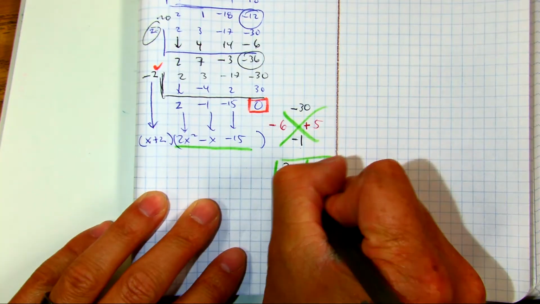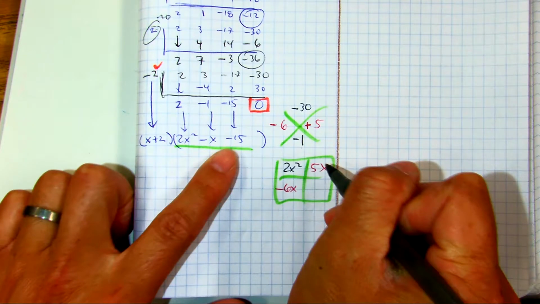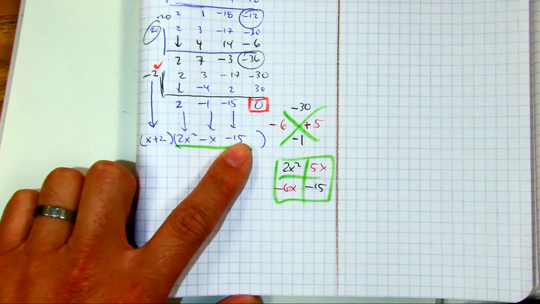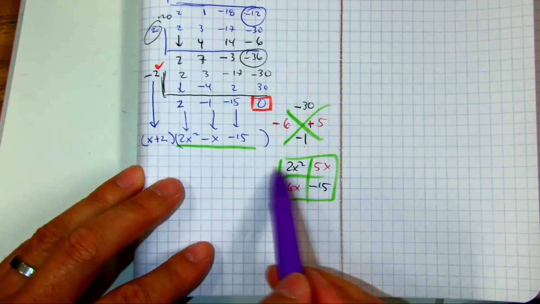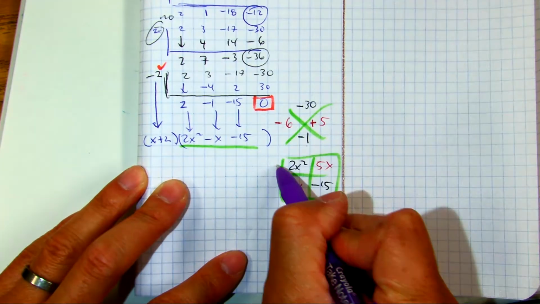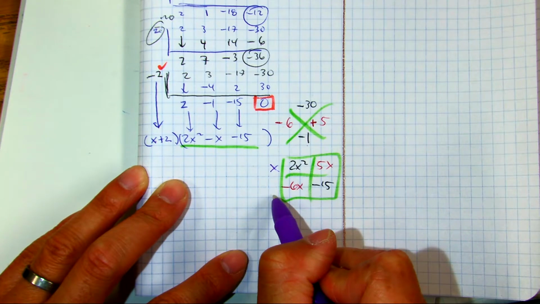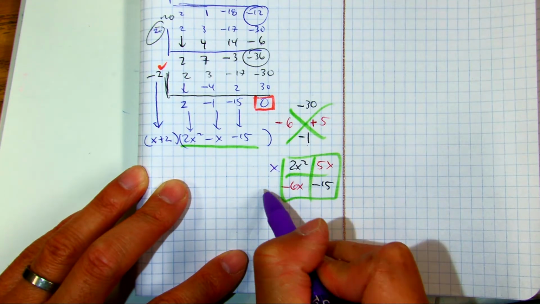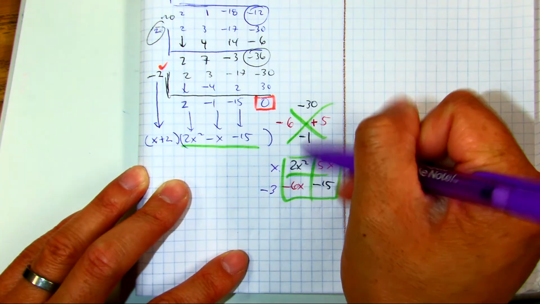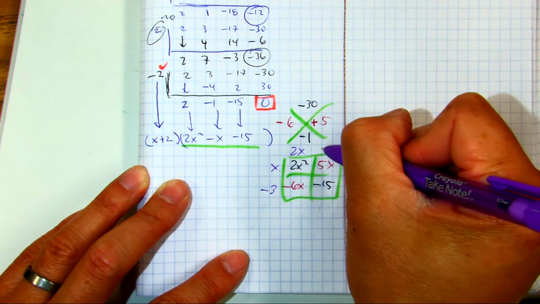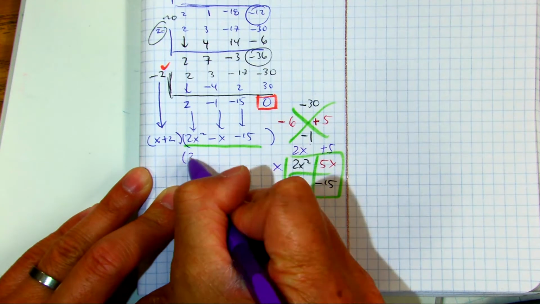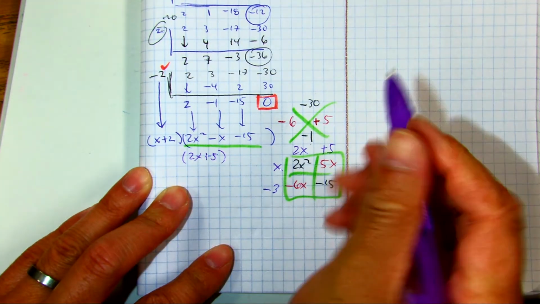First term always goes in the top left. Last term always goes in the bottom right. Class, common factor. Common factor. 2x plus 5, x minus 3.